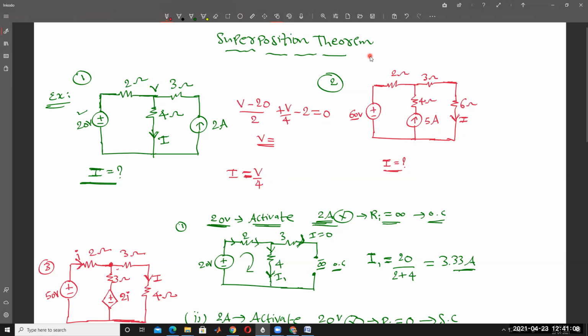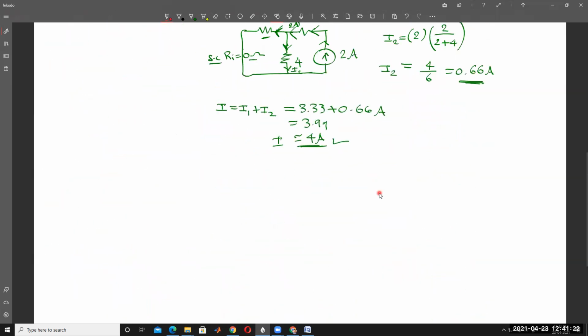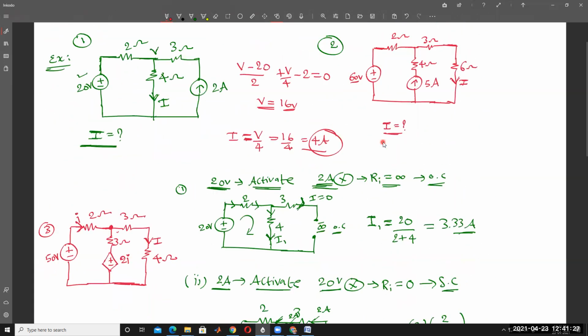So we'll get approximately 16 volts. So 16 divided by 4, 4 amps. And this answer matches the superposition theorem answer. So both are the same. Understood? So this is about the superposition theorem.